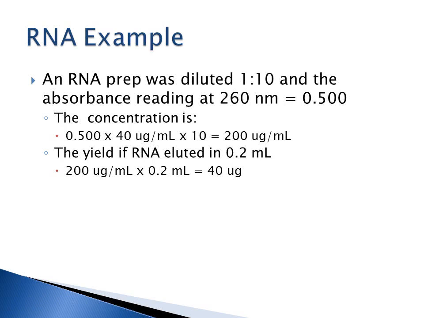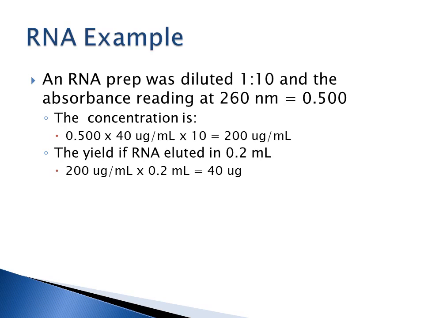We measure the absorbance at 260 and we get 0.5. So in order to determine the concentration of RNA in this example, you would take 0.5 times your RNA conversion, which is 40 micrograms per mil, times 10, our dilution, so you get 200 micrograms per mil.